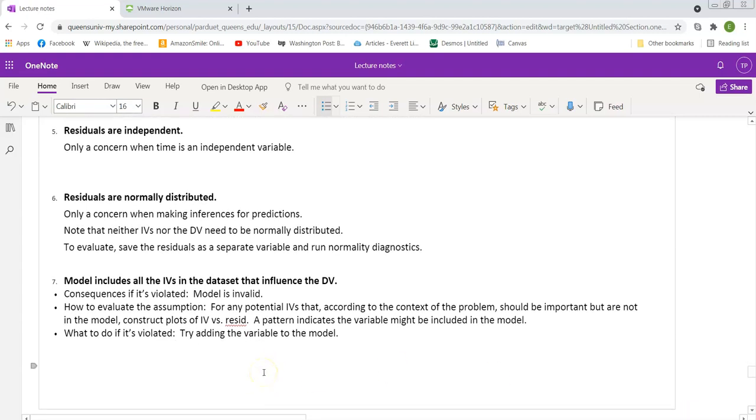All right. Finally, our last assumption is that the model includes all of the independent variables that it should have. So within the data set, that you've included the right data. So what you should do is go back and look at your data set and really think about, according to the context of the problem, what should be in the model but is not.